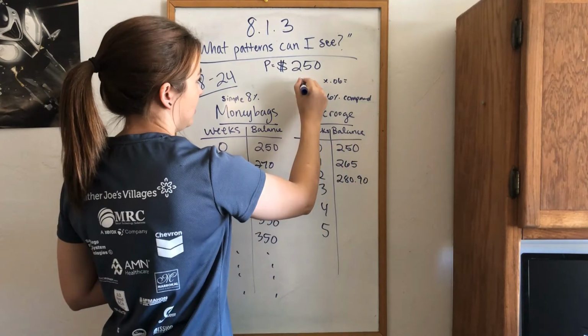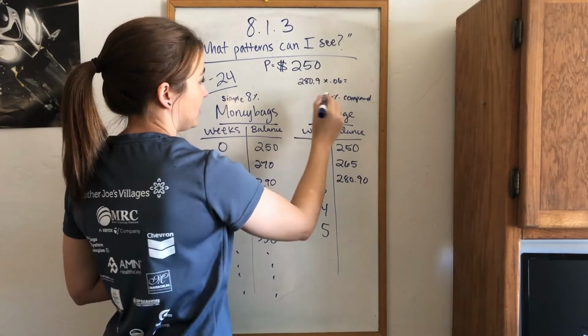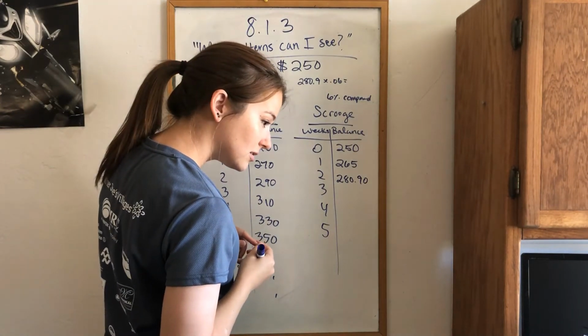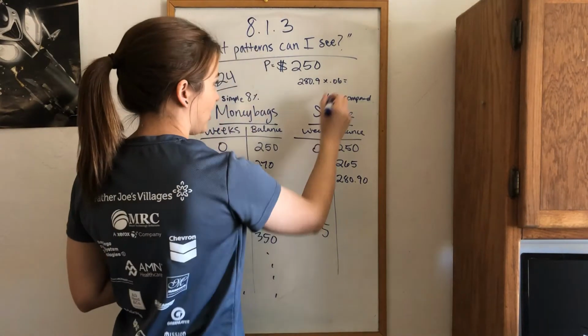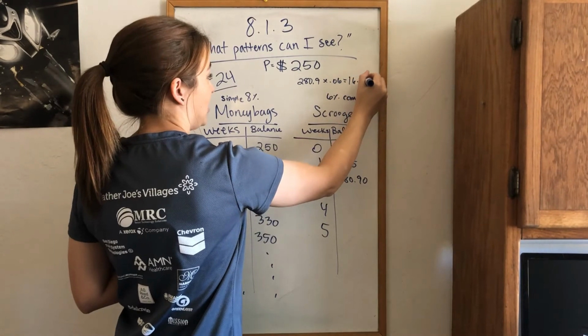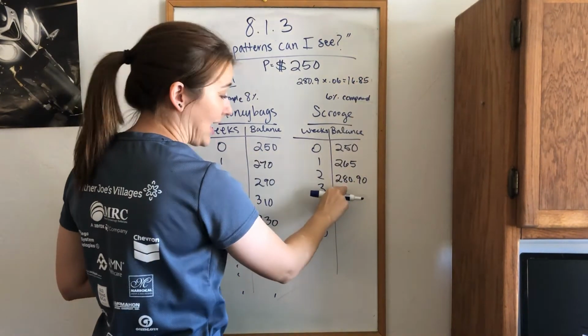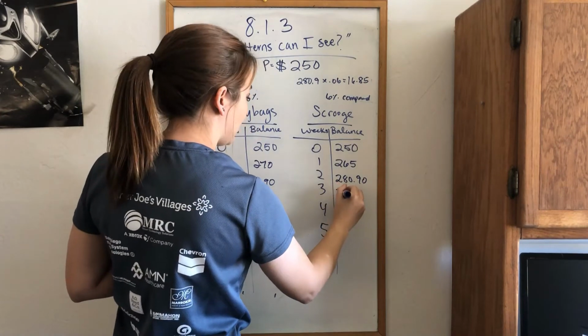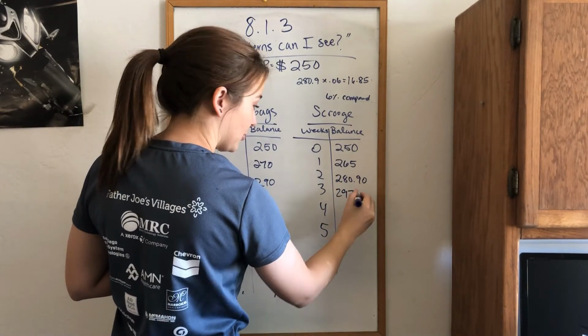So 280.9 times 0.06 is 16.85, and then you have to add this to that to get your new value, and it is 297.75.